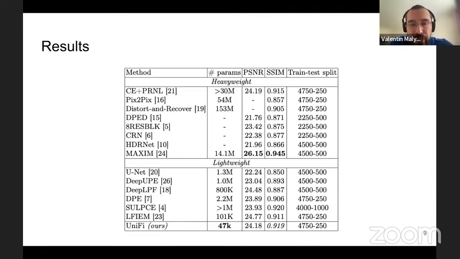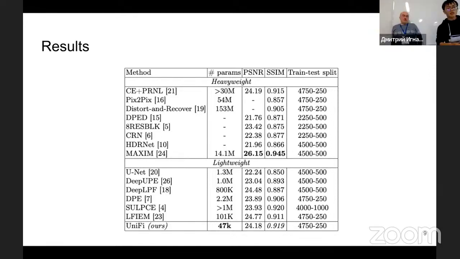As you can see, the Maxim network has a split of 4500 to 500, and they have pretty different results. I hope that it will be the same, but we cannot test in all the setups which are available. So we chose only one.